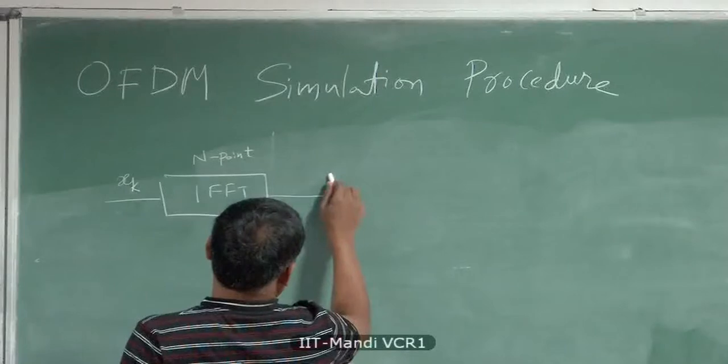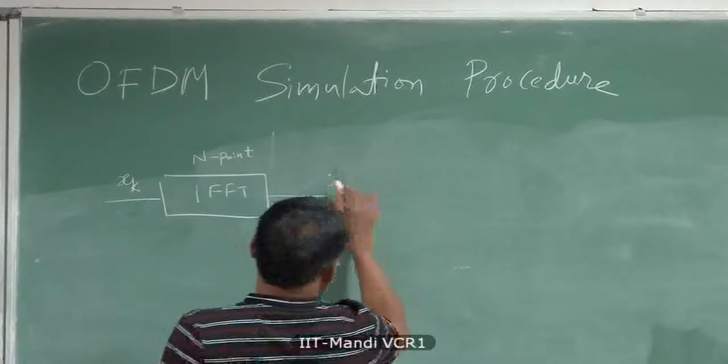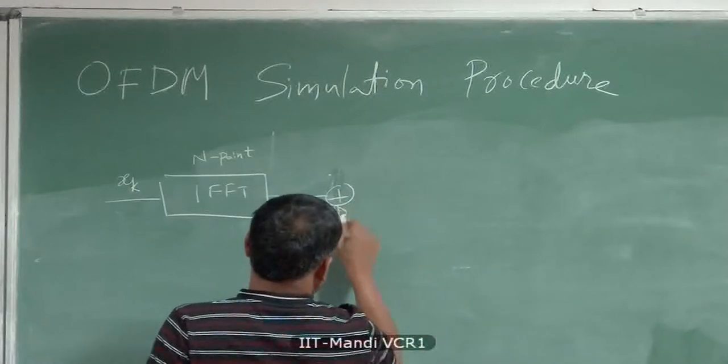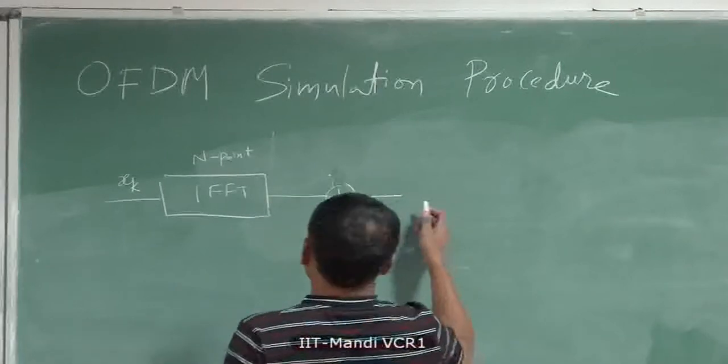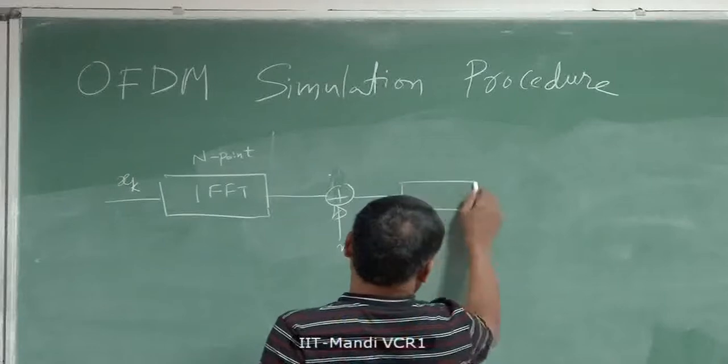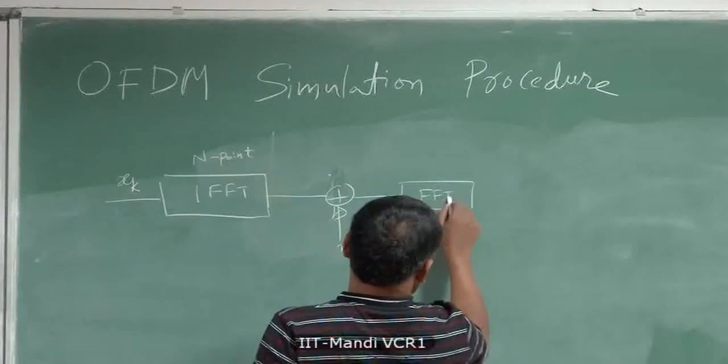That's it, you transmit, right? And then basically you add additive white Gaussian noise N_k, and then you take an FFT.